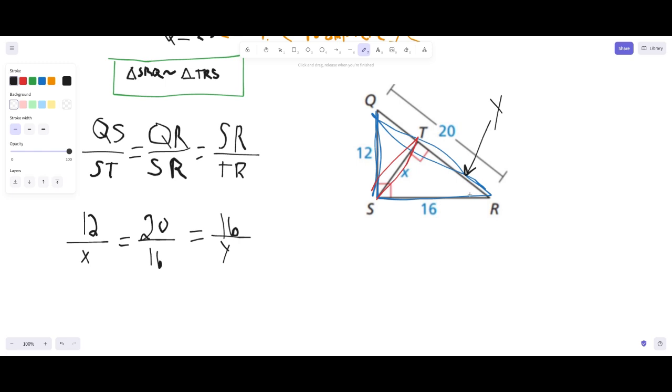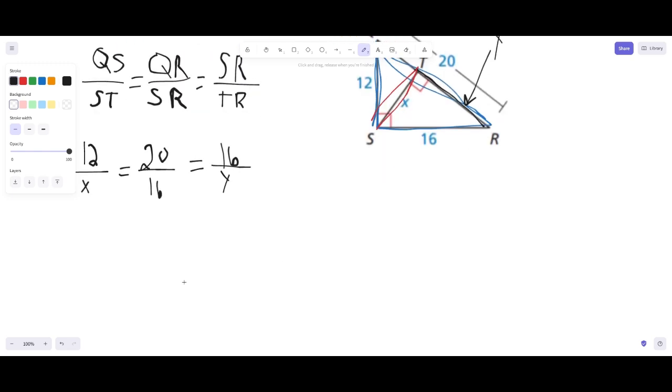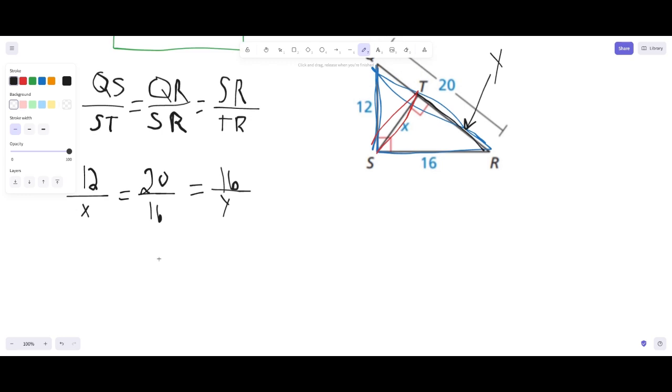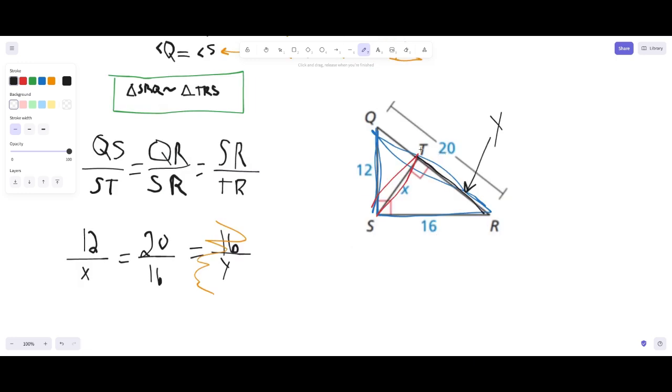But TR is from here to here. Okay, let's start solving this now. You don't need to worry about this value here because we don't really care what the side length TR is. It's really X that we're concerned about.